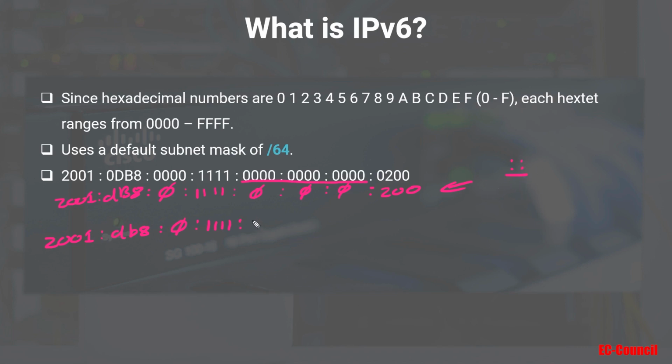Therefore, we can place a double colon to represent these 3 hextets, which are all zeros. Remember, you can use a double colon only once, and it must be where 2 or more hextets are filled with only zeros. And this value here represents the shortest version of this original address.